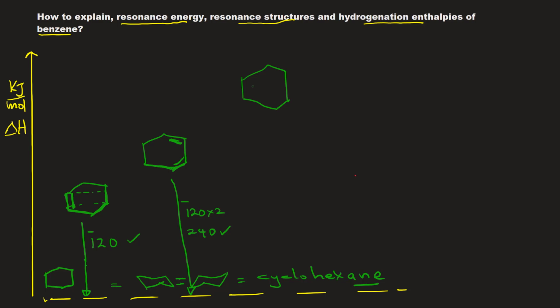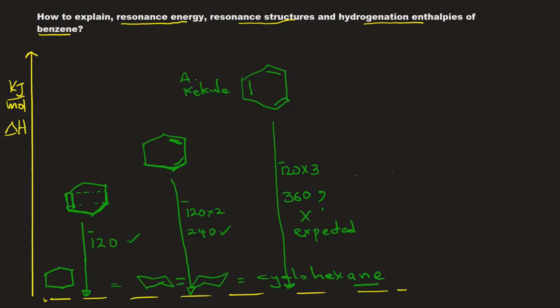Now let's look at three double bonds. It looks like this. Again, note this one actually came from August Kekulé, and it's not symmetric. You see the double bonds are shorter and the single bonds are longer. If you hydrogenate this one, you would expect 120 times 3, roughly 360 kilojoules per mole released.